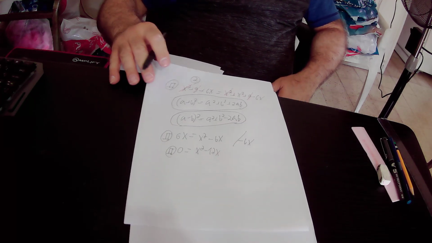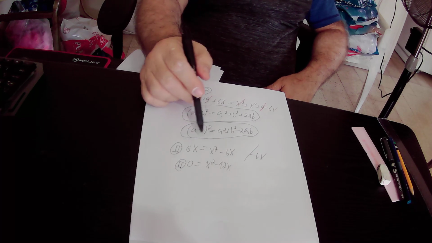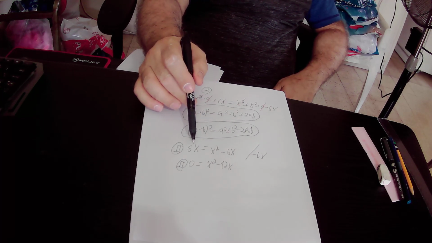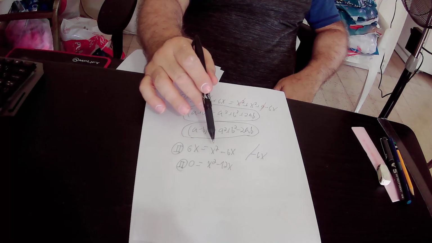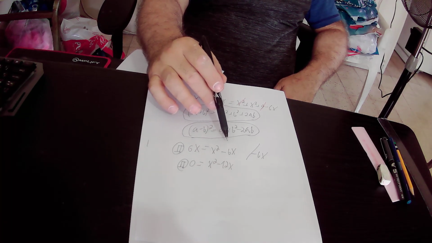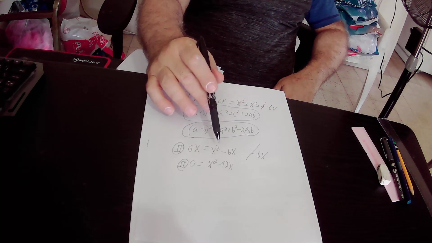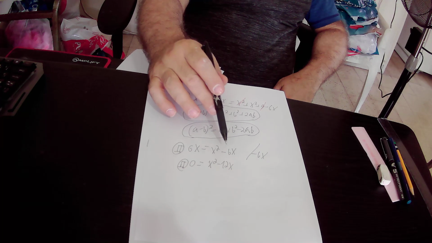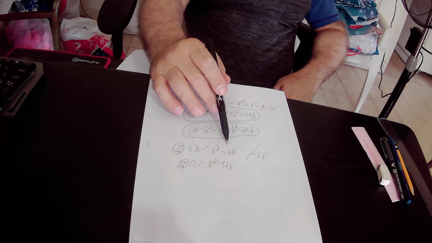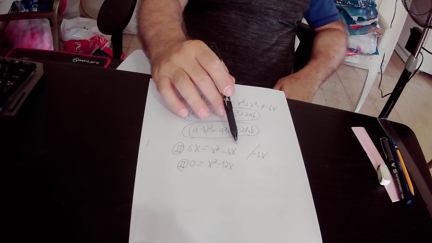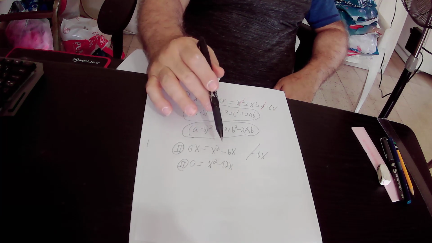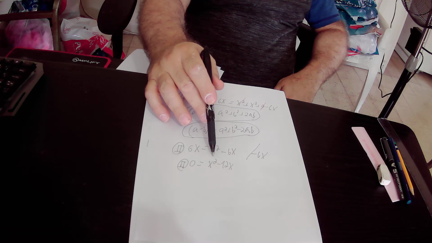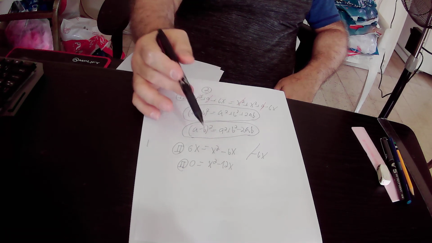So we subtracted 6x from this equation. 6x minus 6x is 0, and on this side we have x squared minus 6x minus 6x, which is actually x squared minus 12x, because minus 6x minus 6x is minus 12x.